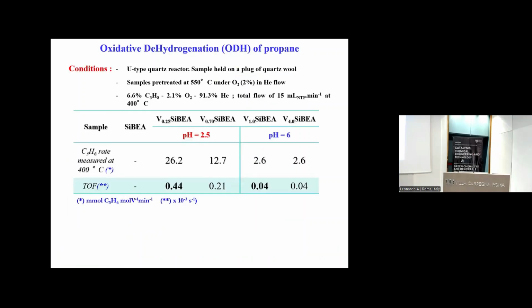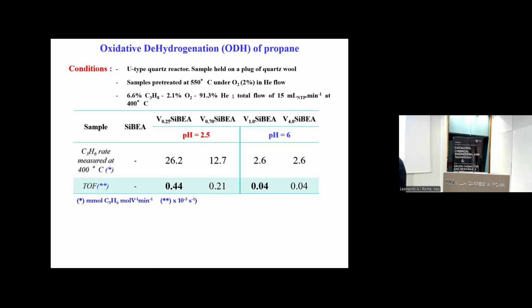Now, in this slide, I can show you the result of oxidative dehydrogenation of propane, and we can see that when we do this reaction on vanadium Sc-beta zeolite prepared at pH 2.5, we have propene production 10 times higher than in the case of preparation at pH 6.